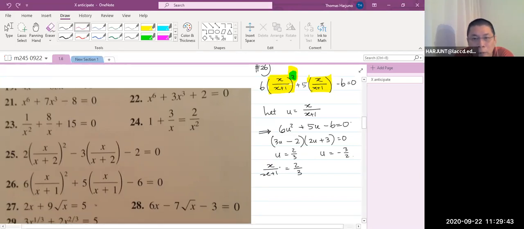I wonder if you remember that. You get the product of this equals to the product of this. Or to be more precise, we multiply by the LCD, which is 3 times x plus 1. If we multiply by the LCD, we will get 3x equals to 2 times x plus 1.